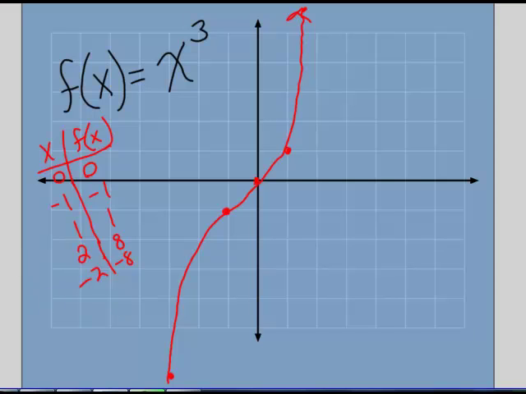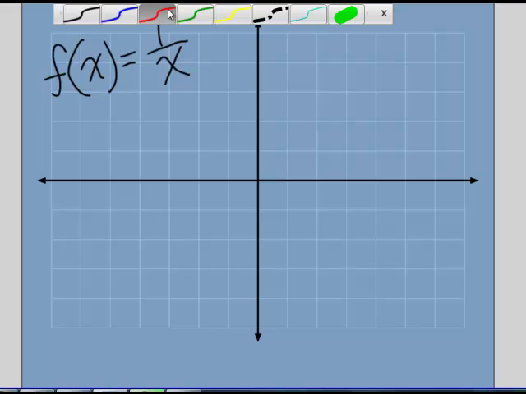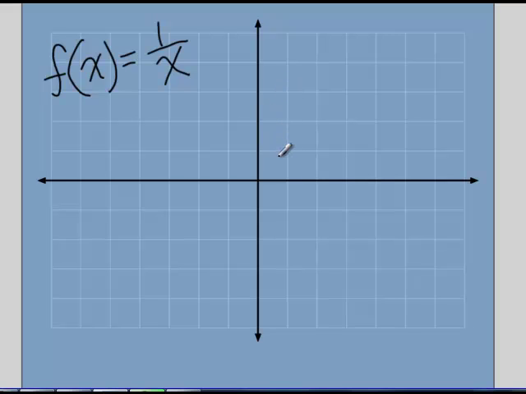All right, let's look at the next one. f of x is equal to 1 over x. Now on this one, I'm just going to draw the function, and we can see that as x gets bigger, we're going to get smaller and smaller. We're going to get closer to the 0 axis. So the function looks like this. Let me redo this.